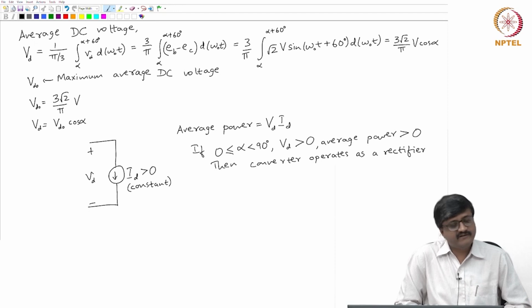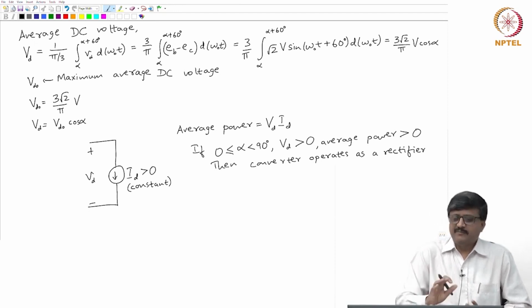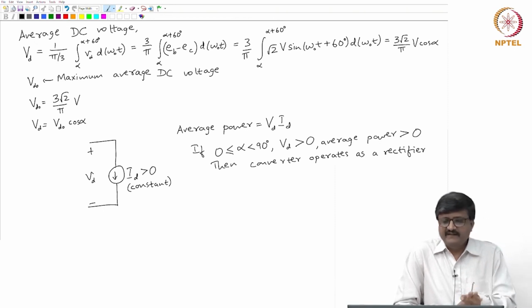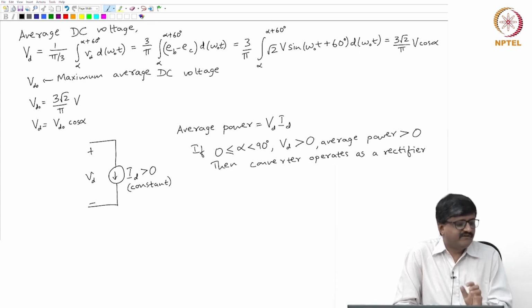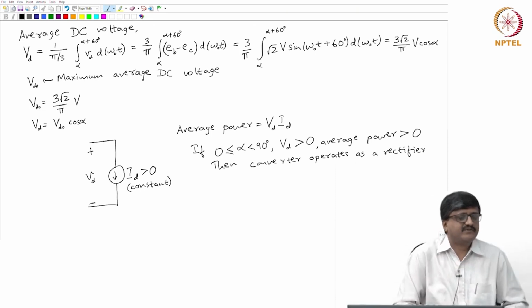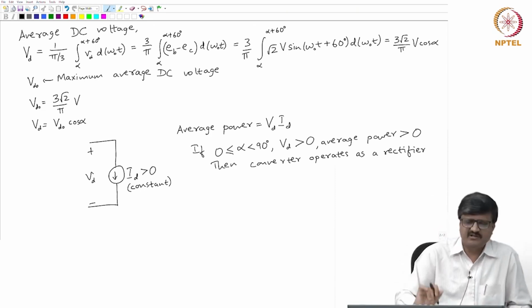Then the converter is said to operate as an inverter. Now, we will come to that later, because I know that if alpha is greater than 90, it is inverter operation, but I still do not know for the time being up to what value of alpha I can go. So, I will come to that a bit later. So, inverter operation will be considered just shortly, but later.